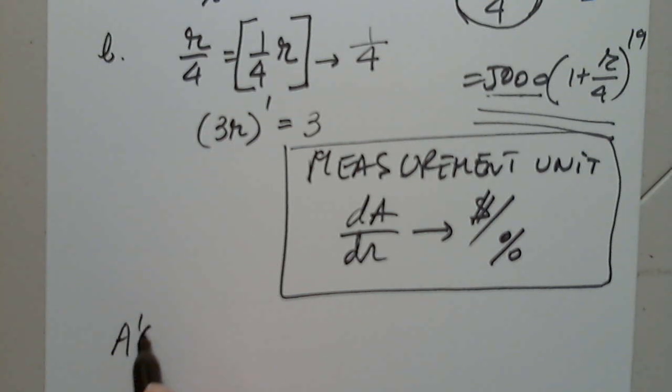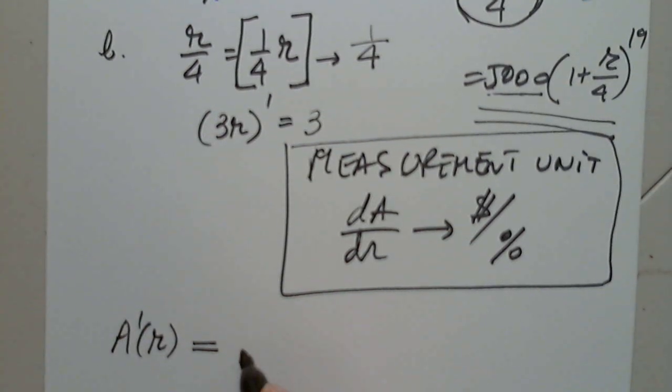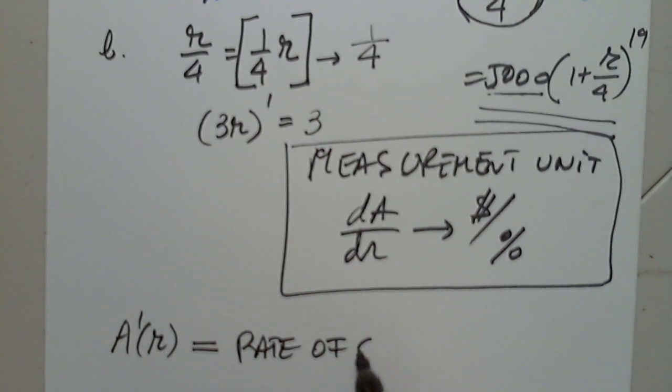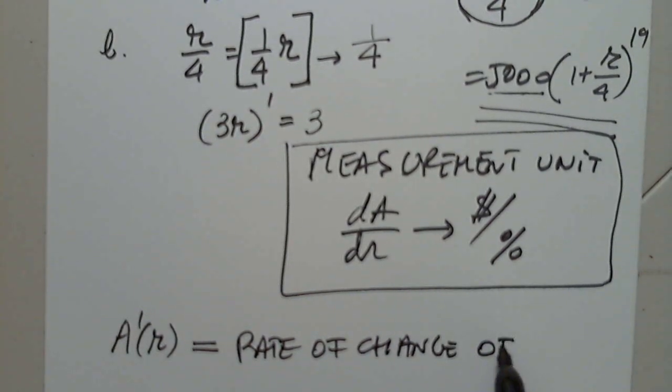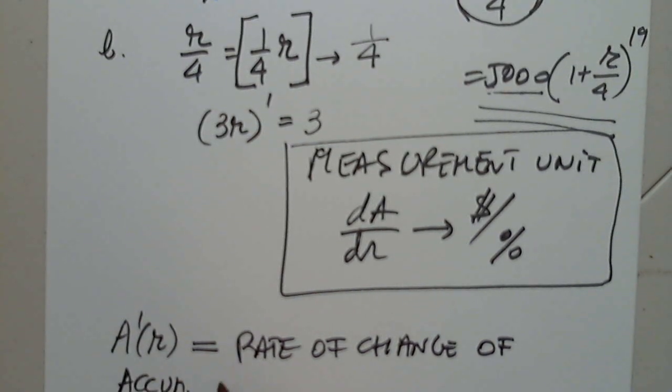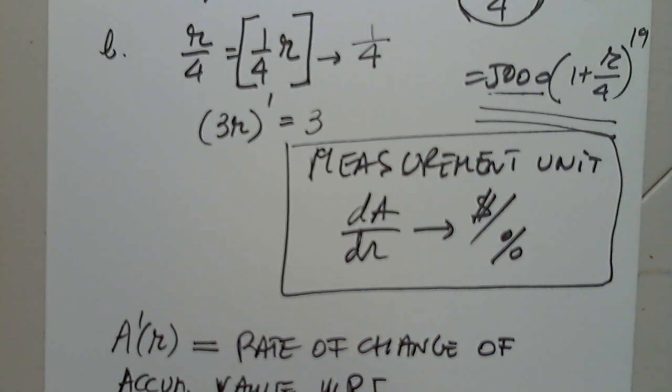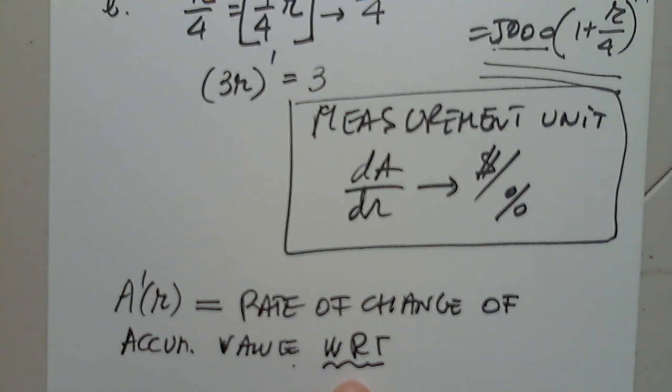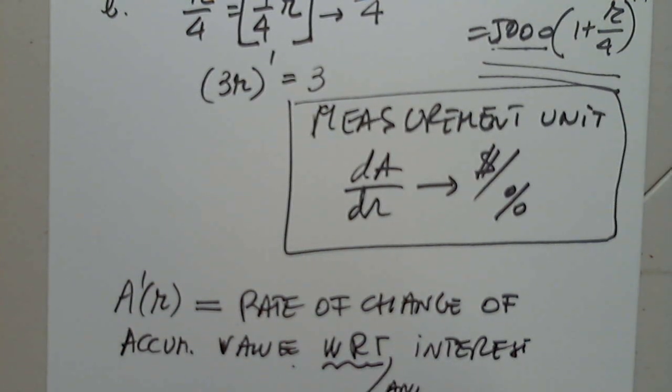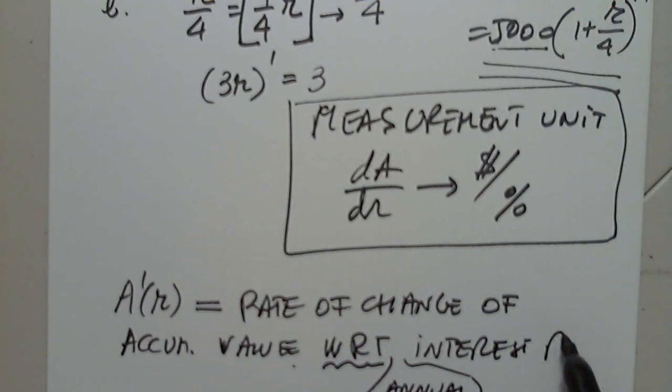So what does A prime of R mean? What is the explanation? Why do I even look at it? So again, this is the rate of change of accumulated value with respect to, lazy people write w.r.t. like this, I'm kidding, that's the abbreviation, with respect to the annual interest rate.